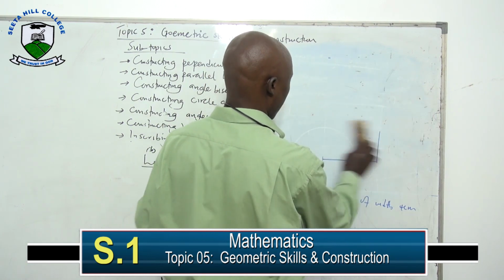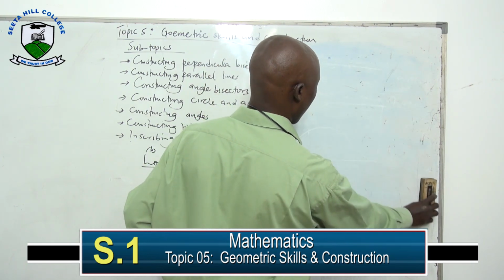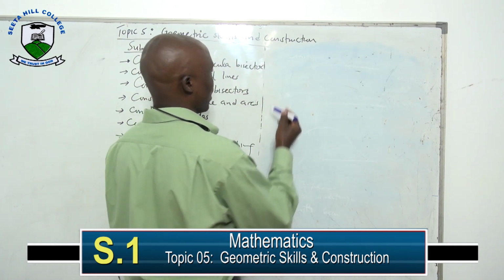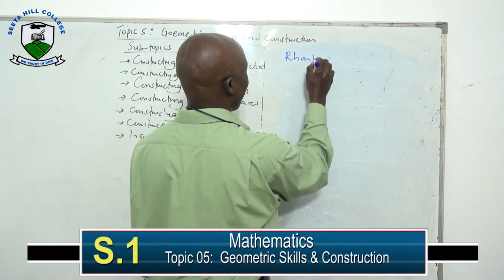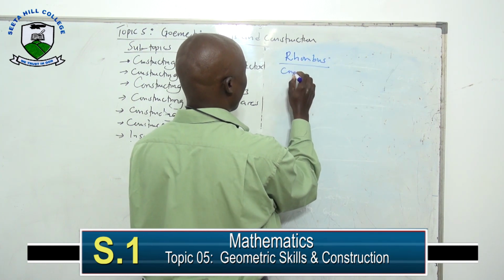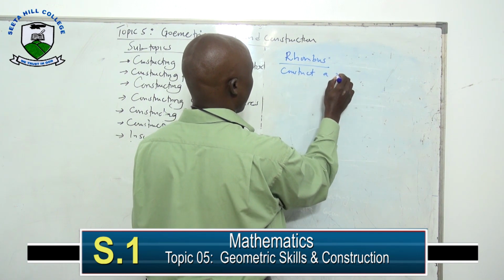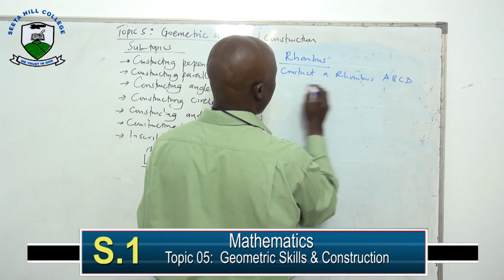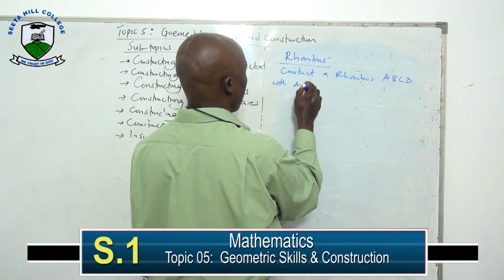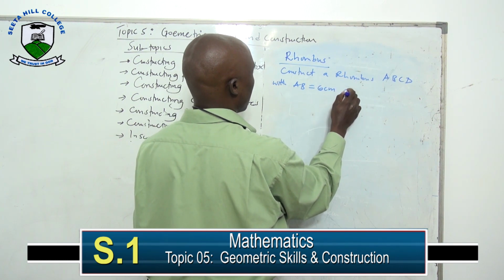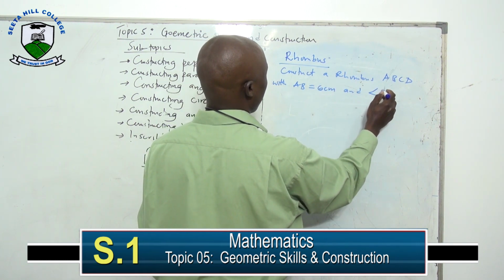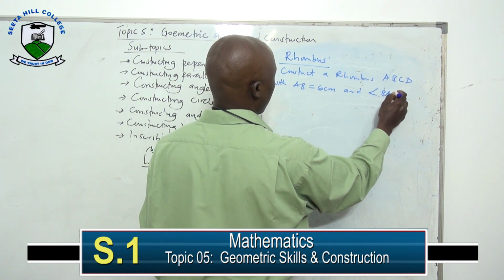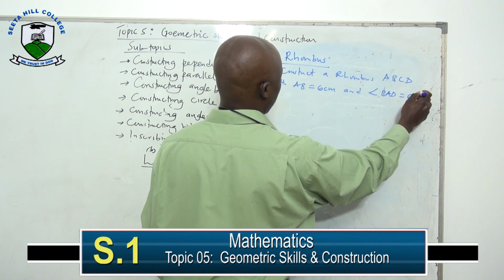What are the features of a rhombus? Construct a rhombus ABCD with AB equal to 6 centimeters and angle BAD equal to 60.